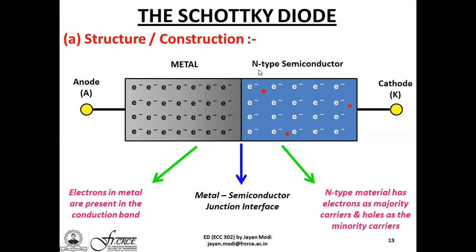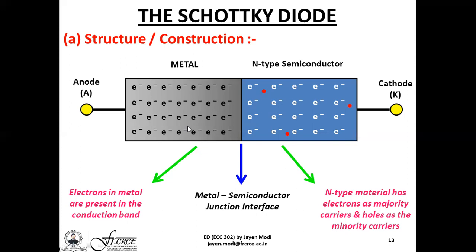The n-type semiconductor material continues to be attached to the cathode given by K, whereas here the metal is connected now to the anode. And for a metal, as we are all aware, referring to the classical energy band diagram, you have 99.99% electrons which are already present in the conduction band, or we can even go forward and say 100%.